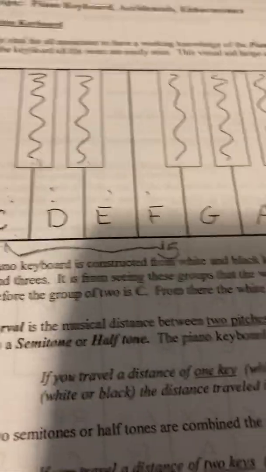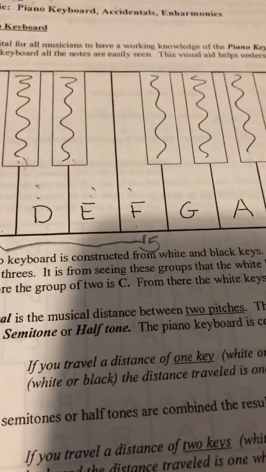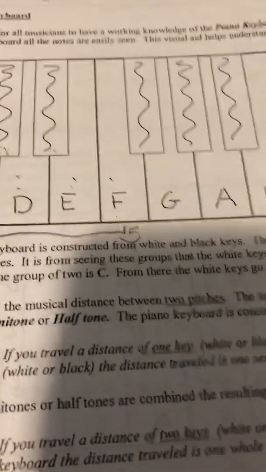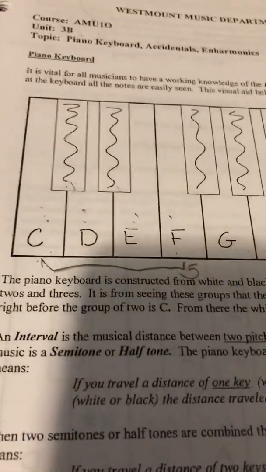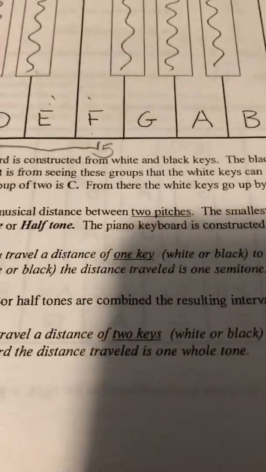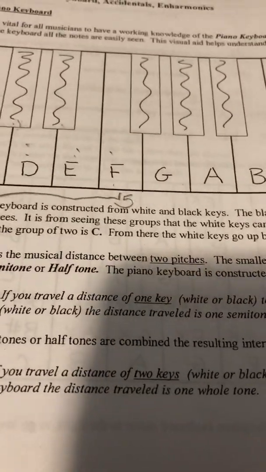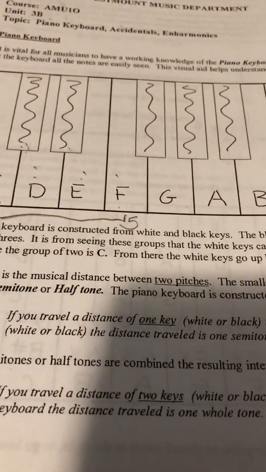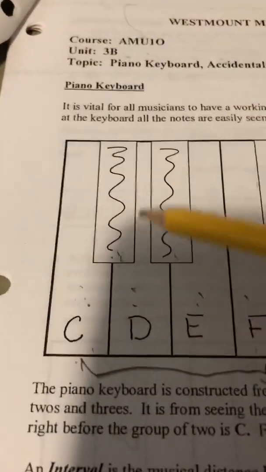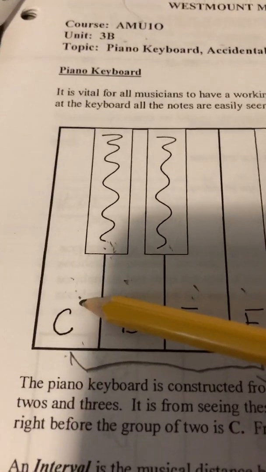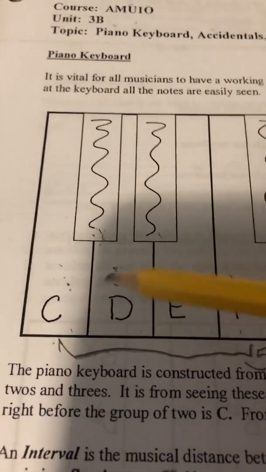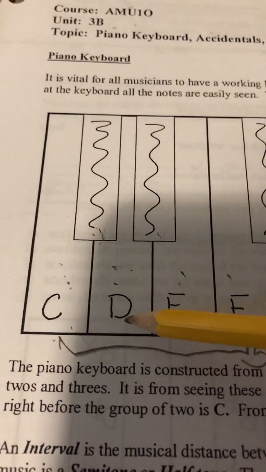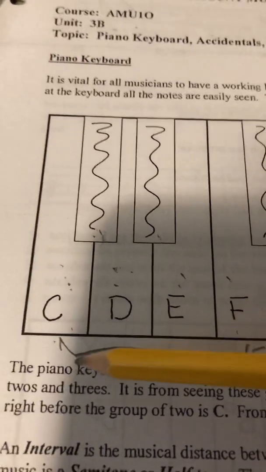When 2 semitones or halftones are combined, the resulting interval is called a whole tone. This means if you travel up 2 keys, white or black, on the piano, the distance traveled is 1 whole tone. So if you go from a C to a D, this equals 1 whole tone or 2 semitones.